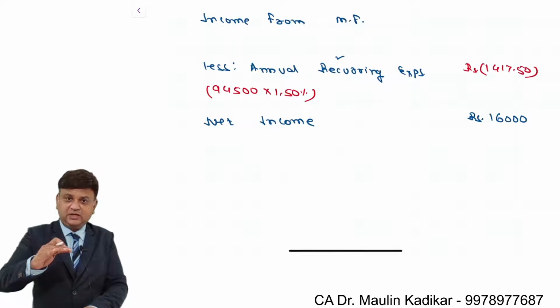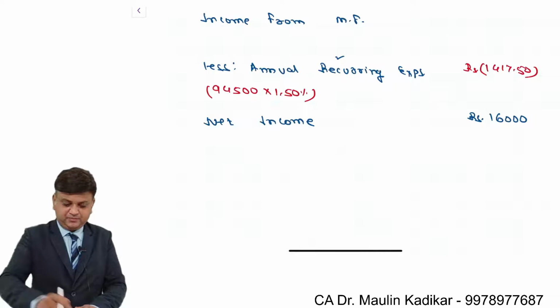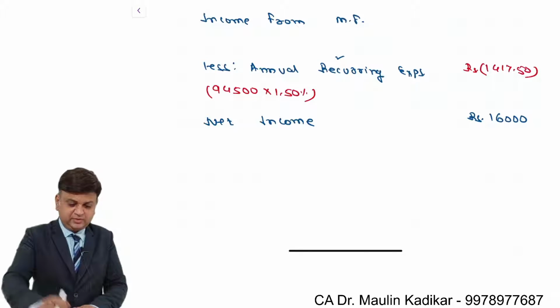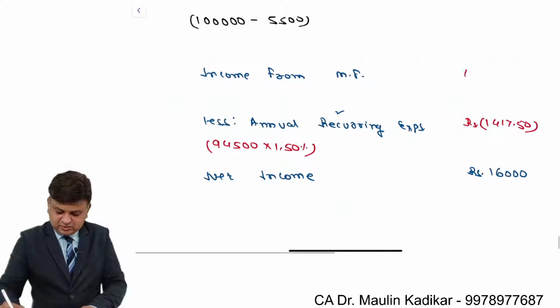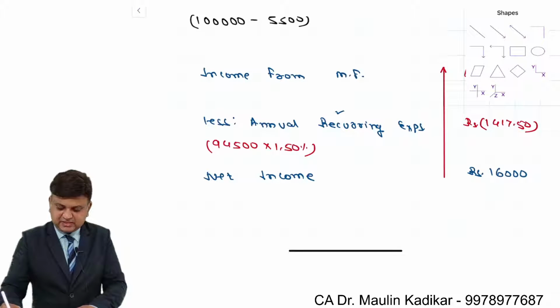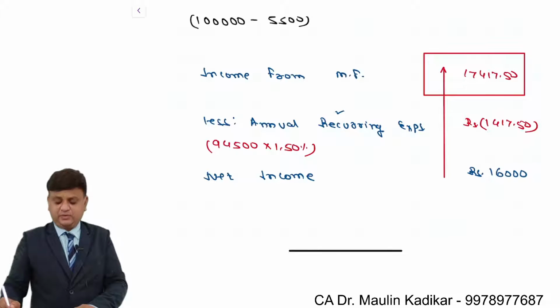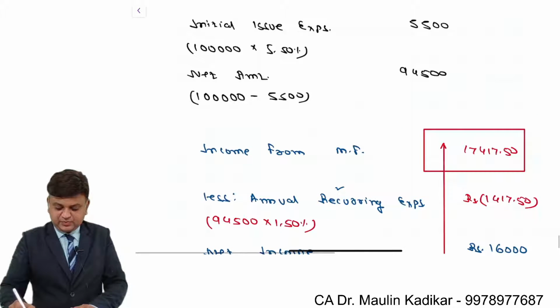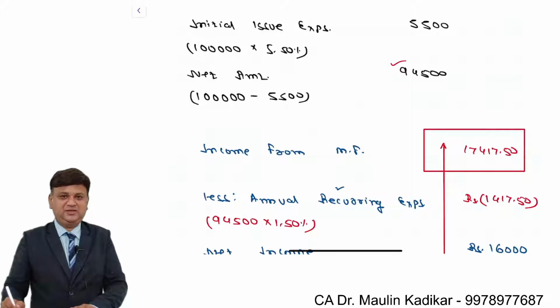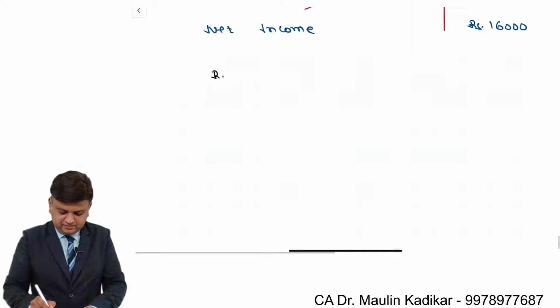That is deducted from the gross income, and with that the net income will be calculated. So the gross income should be 17,417.5. So we understand that the gross income should be 17,417.5 from the investment of 94,500, and this will give us the rate of earning.